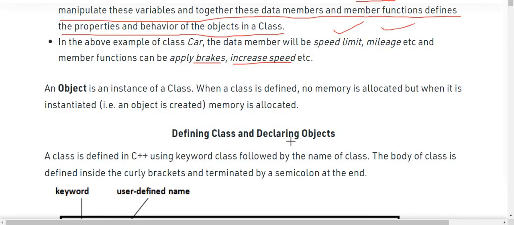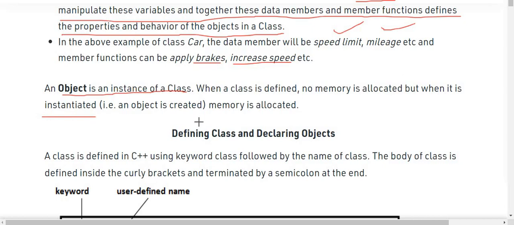Now take a look at object. An object is an instance of a class. When a class is defined, no memory is allocated, but when it is instantiated, meaning when an object of that class is created, memory is allocated.